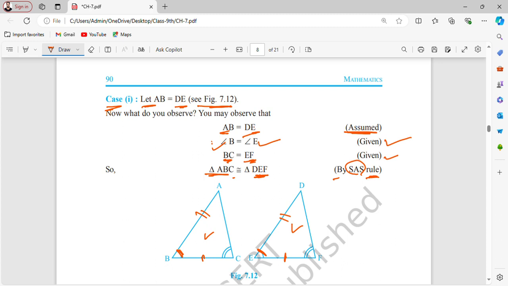It means two sides of two triangles and the included angle between these two sides are equal, so we can say that this triangle and this triangle are congruent.